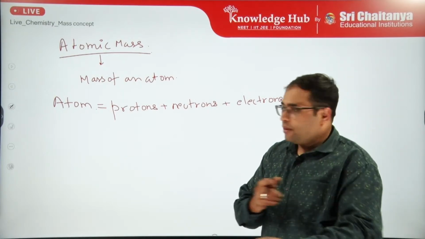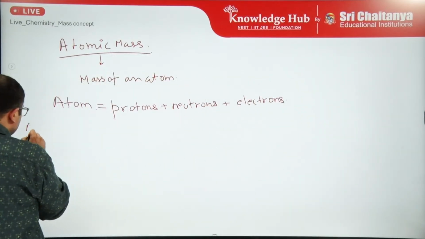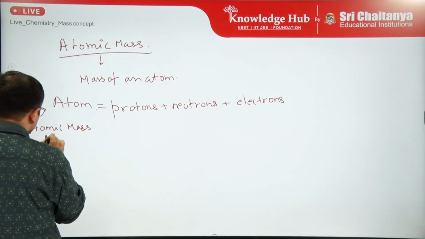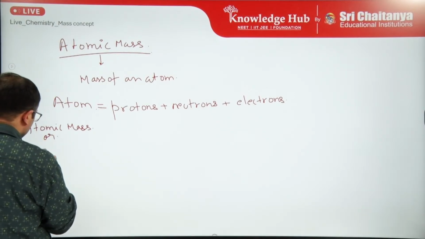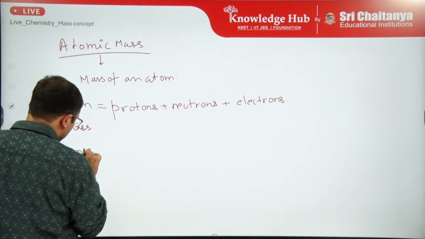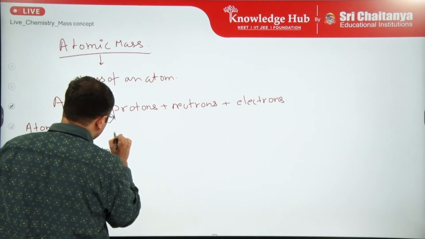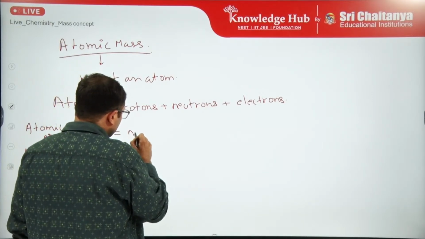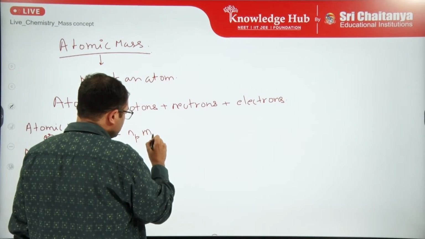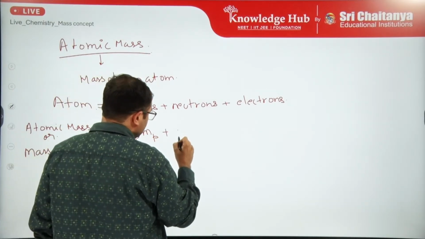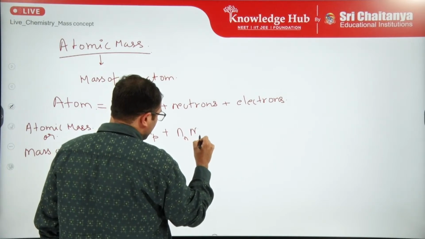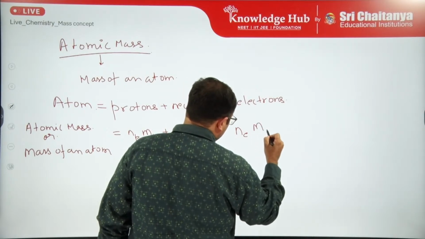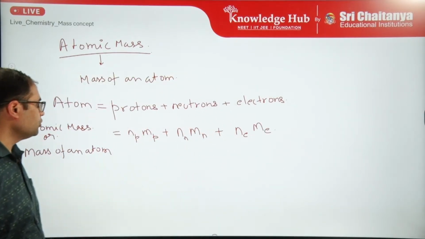So if you talk about an atom, and now I'm talking about atomic mass, or for now I'm talking about the mass of an atom. Simply the mass of an atom will be the number of protons multiplied by the mass of each proton, plus the number of neutrons multiplied by the mass of each neutron, plus the number of electrons multiplied by the mass of each electron.